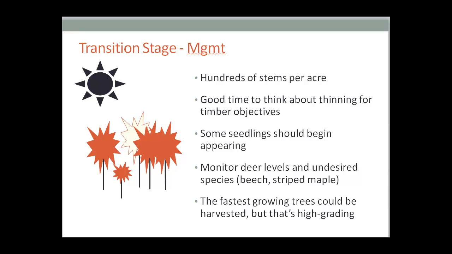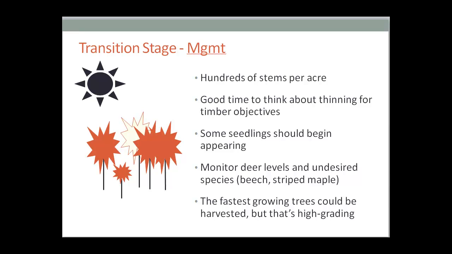Now there might be a variant of this. You can reflect back on the stand we visited during lab, which was a mixture of oak and aspen, and the aspen were starting to die. It's conceivable that you could go in and start to cut the aspen if you had a market for it, and if you had somebody with very good skills at felling trees, such that you're not damaging your more desirable and more valuable red oak.